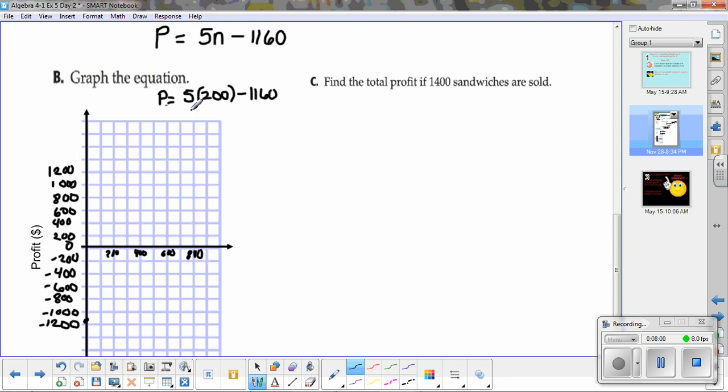That's going to be a negative $160 profit. So if we sell 200 sandwiches, that's going to be right here at 200, it's going to be negative 160. So there's negative 100, there's negative 200. It's going to be somewhere around there.